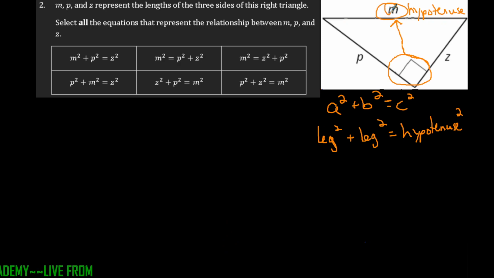So I have to make sure that I have the hypotenuse, which is m, on the equals side. If I look at these first two options, find where m is at. Since m is not all by itself, I know these two are not right.